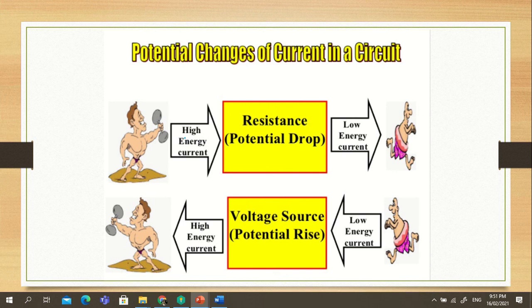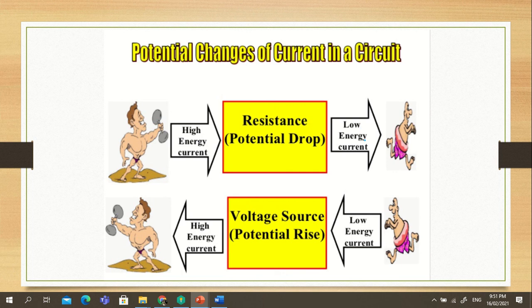If you have a high current passing through the load, because resistance opposes the current flow, the flow of current becomes lower.